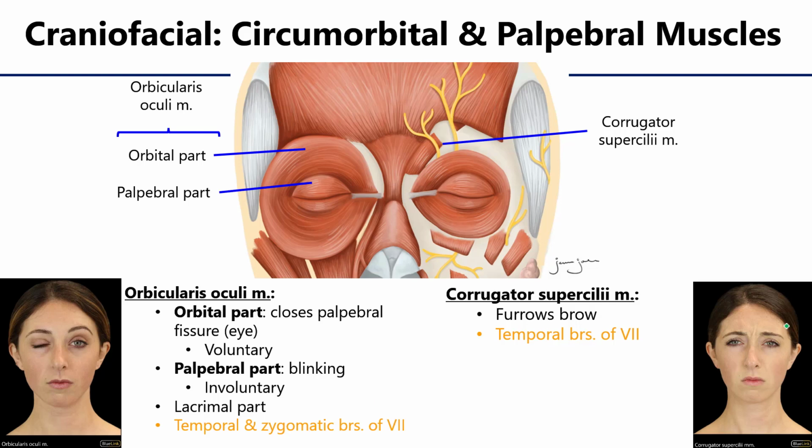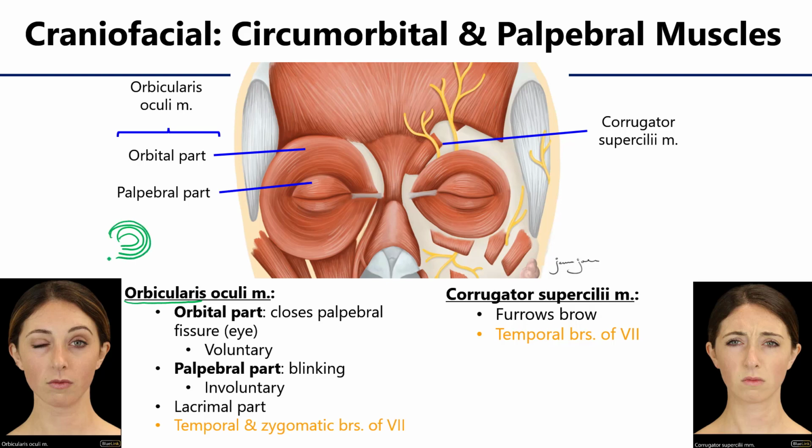So the first muscle that we'll discuss is the orbicularis oculi. Orbicularis is part of our muscle naming convention. Anytime you see orbicularis, that means that the fibers of the muscle are arranged in a circle.